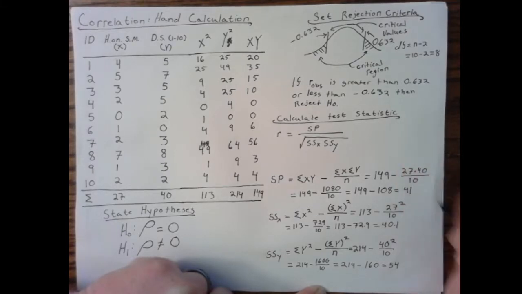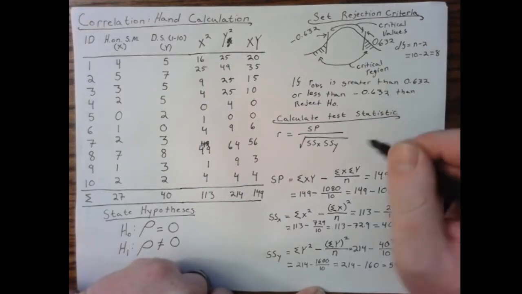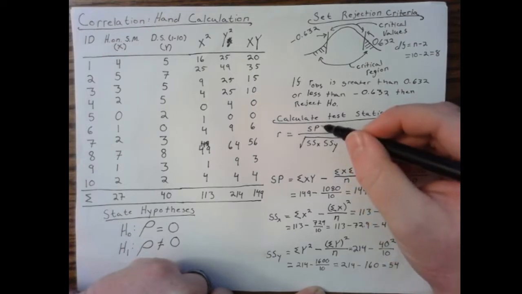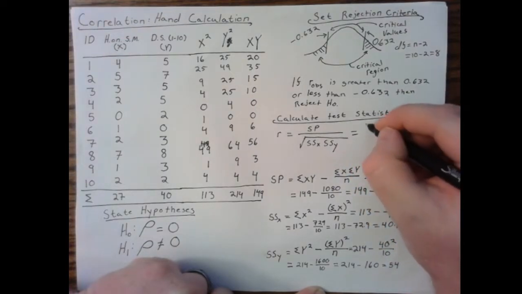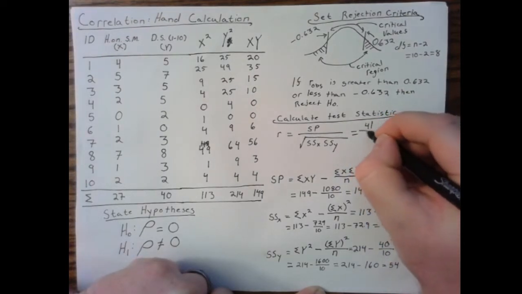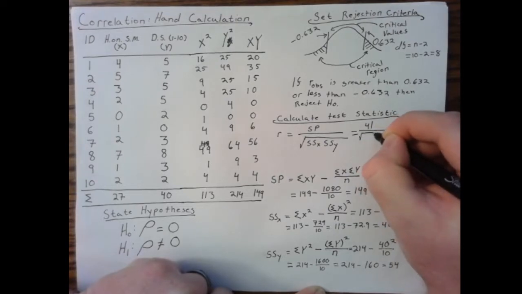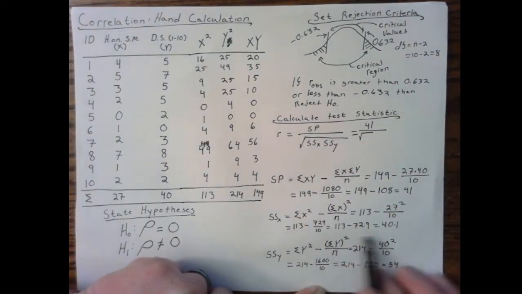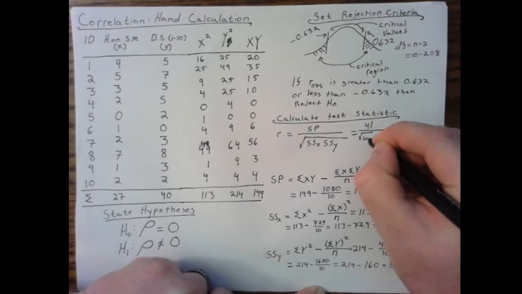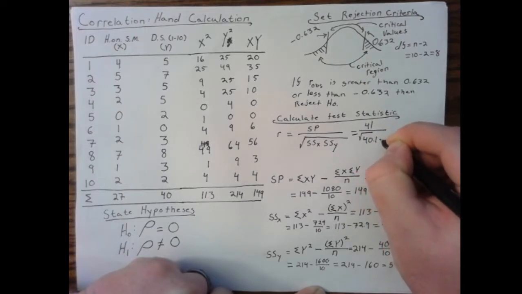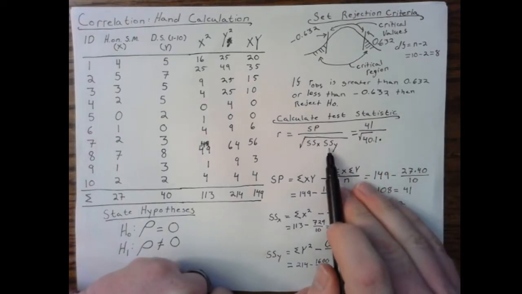So now we take each of these numbers, the sum of squares of y, the sum of squares of x, and the sum of our products, and we plug them in up here. So our sum of products came out to be 41 divided by the square root of the sum of squares of x, 40.1, times the sum of squares of y, 54.